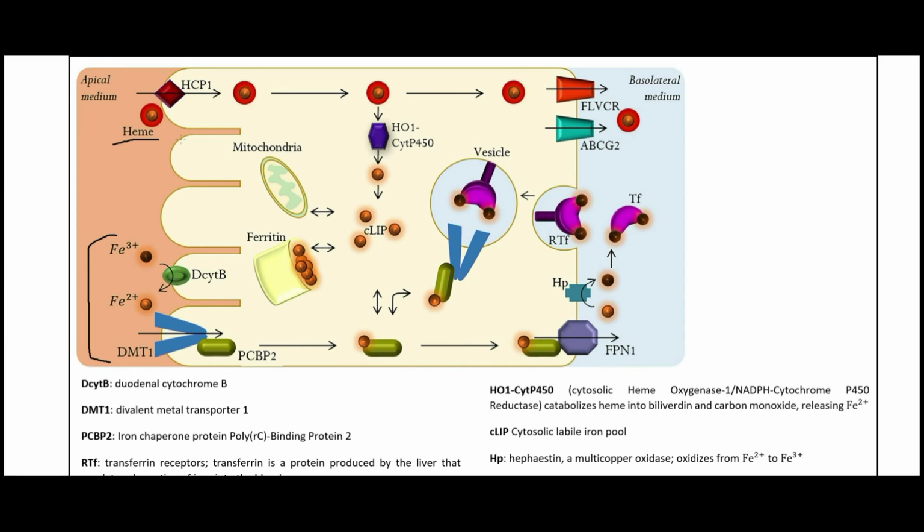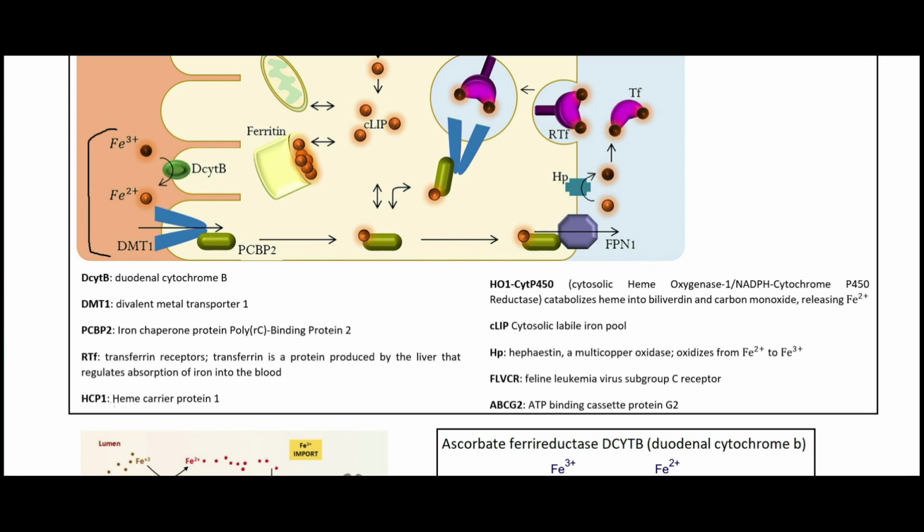We see that this one up here with the heme is taken into the cell from the intestinal lumen by this HCP1, which is the heme carrier protein 1.